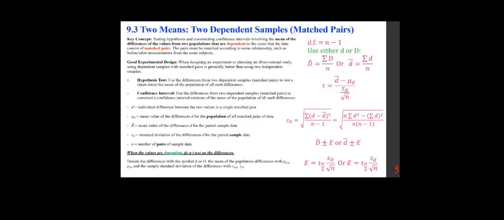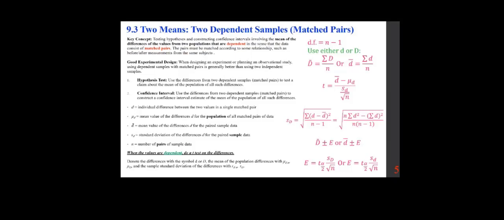The formulas are very similar to what we have seen. One of the things that many instructors do, for a test of hypothesis and even a confidence interval in this case, is treat the difference as x, and then do the t-test on the x bar mean of those.